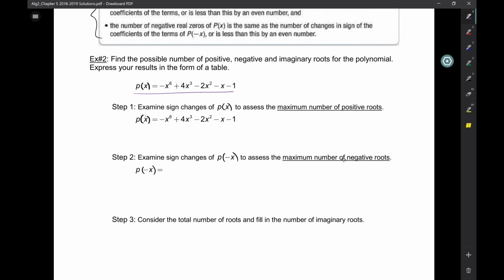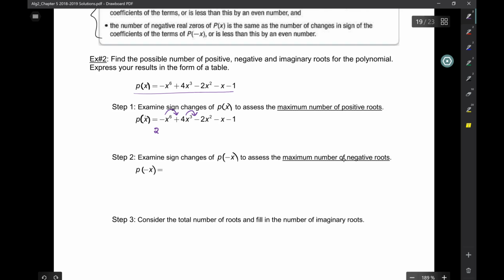The first term here, what's the coefficient? Negative 1, then positive 4. So here you have one time where the sign changes, and then another time where the sign changes here. So that's twice.